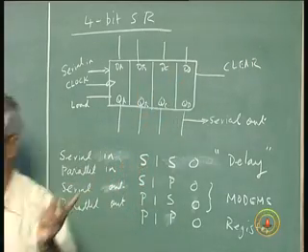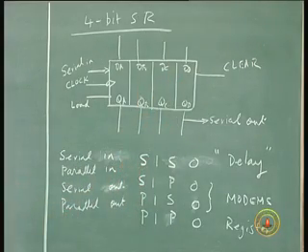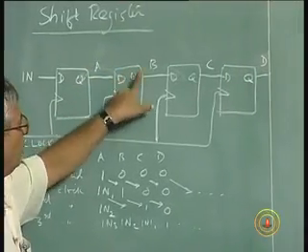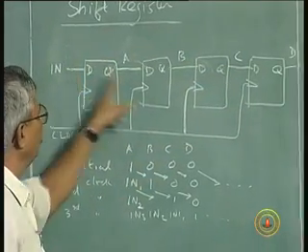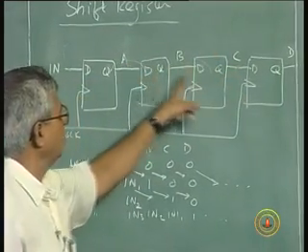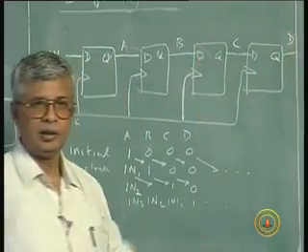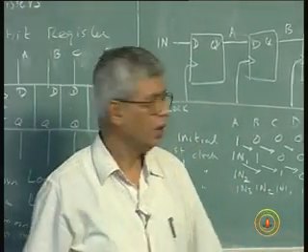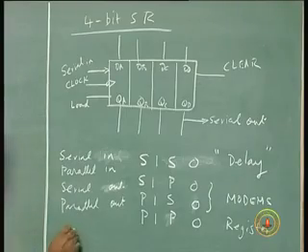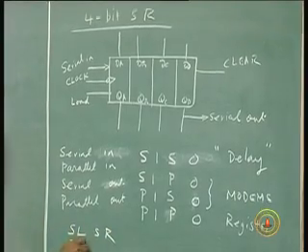Is it not possible? If I take the output of this and connect it to the previous one, and so on, it becomes a left shift register. So, I can have a left shift register, a right shift register.